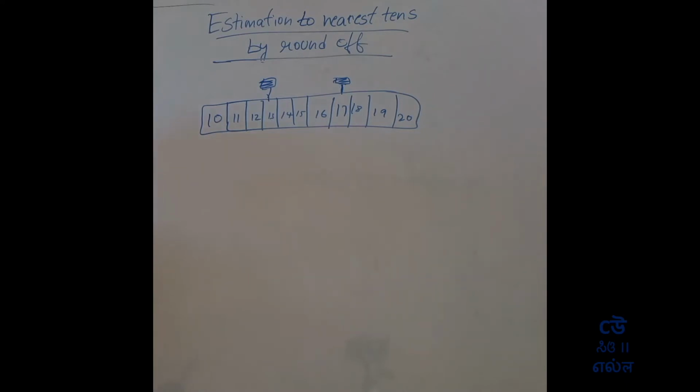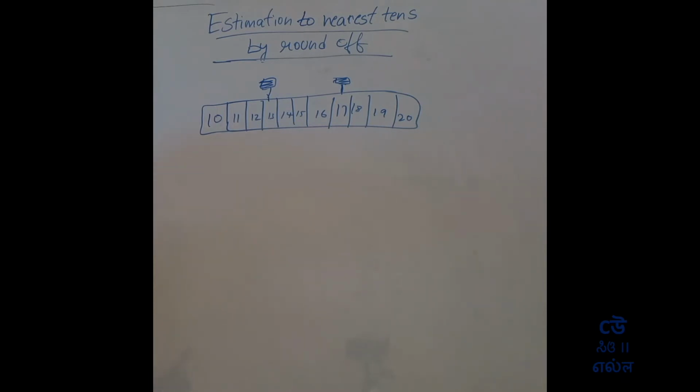So here also, if we consider from 10 to 20, always it should be 0 and 0, at the beginning and end. Here also it's 0, here also it's 0. Okay, then only we can round off to the nearest number. So here also the middle number will be 15.